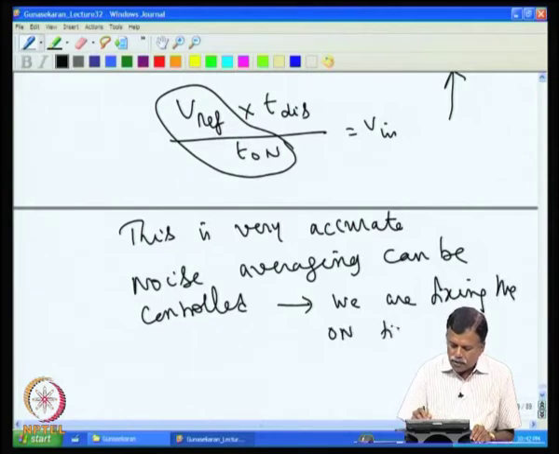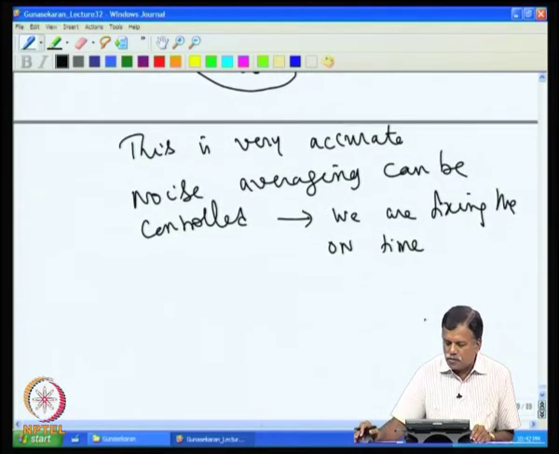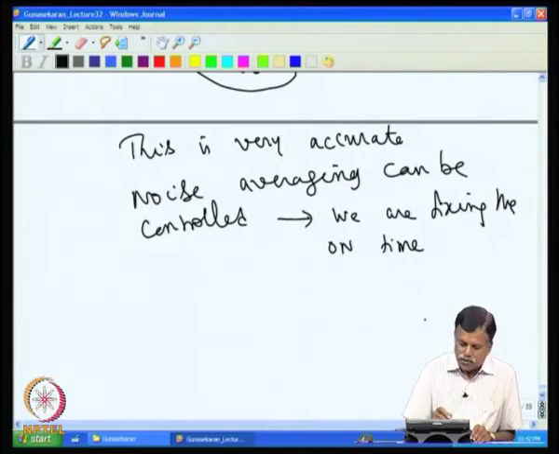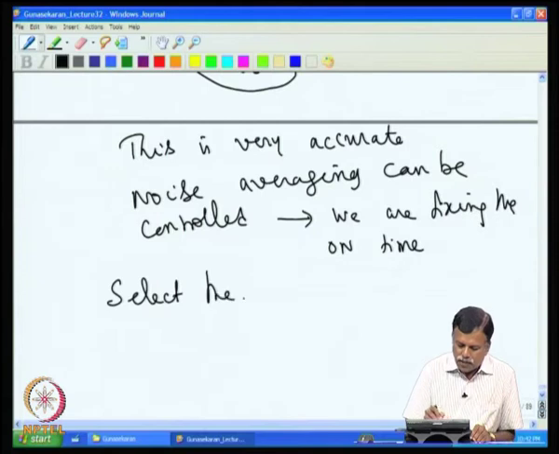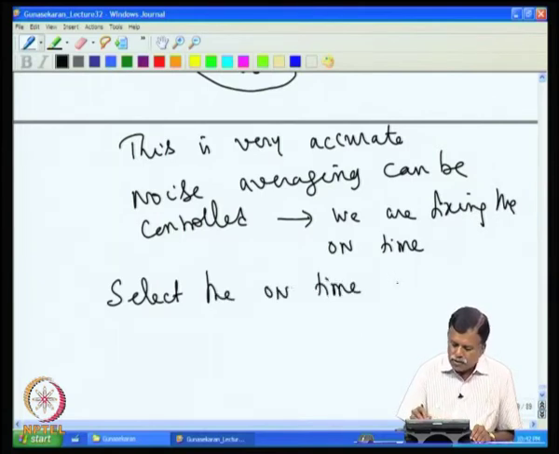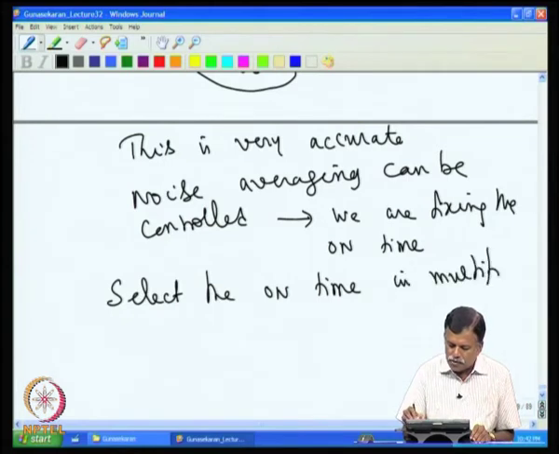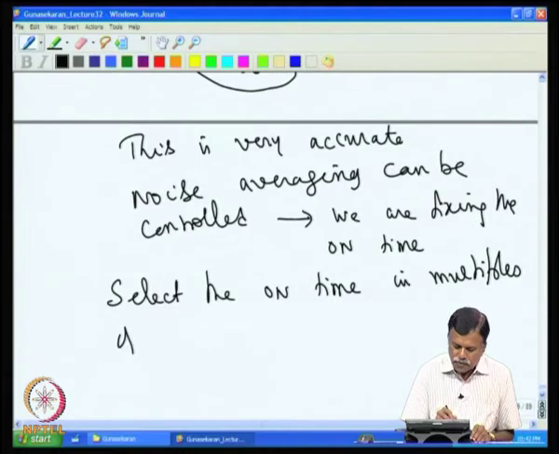If you select the on time in multiples of noise frequency, the noise is averaged out.